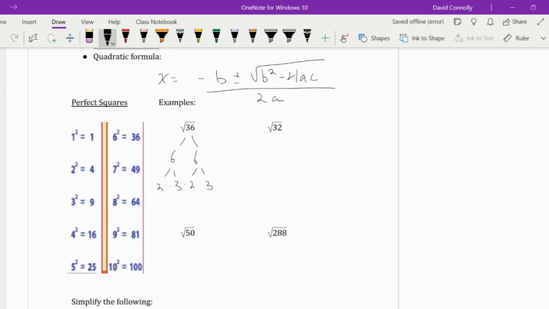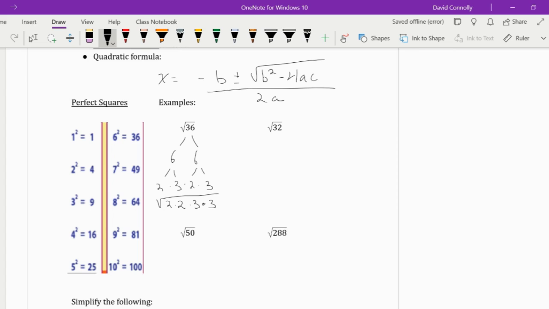So what I'm going to do now is rewrite the square root of 36 with its prime factors instead, and I'm going to put them in order from least to greatest. So I'm going to rewrite this as the square root of 2 times 2 times 3 times 3. Now, what we're looking for when we do these are pairs of the same number.